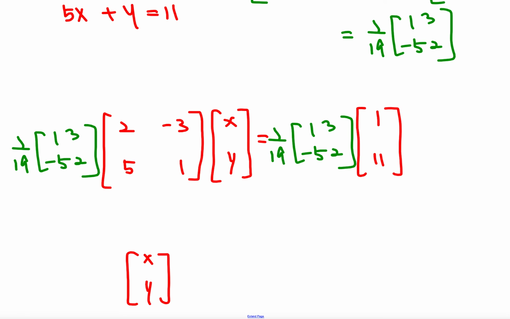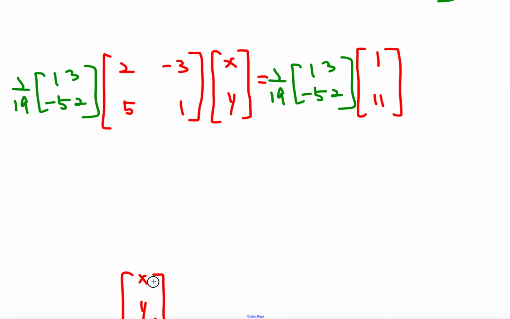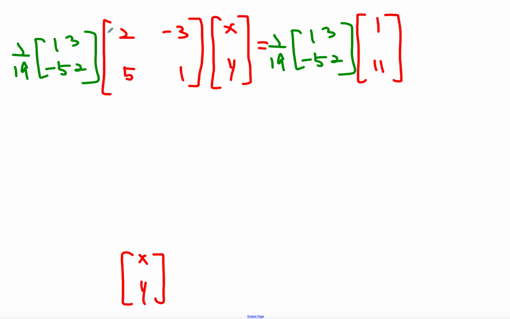So first, I'm going to push this one to the bottom. Since this is a scalar factor, we're just going to multiply this one at the end. So 1, 3 is multiplied by this one. What do we end up getting? 1 times 2 is 2, and then 3 times 5 is what? 15.